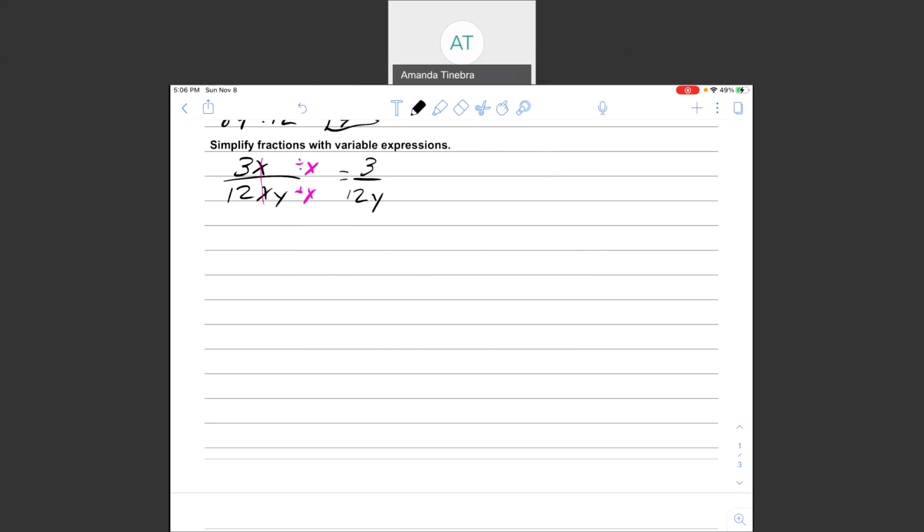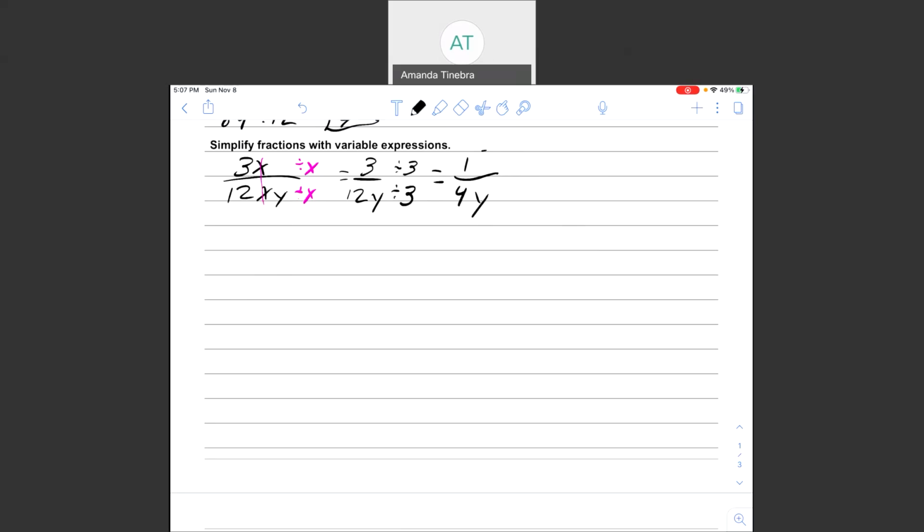I can simplify again, however. Now that I've divided out an x from the top and the bottom, I see that 3 and 12 are also both divisible by 3. So I'll do 3 divided by 3, which is 1. 12 divided by 3 is 4. And I still have the y.